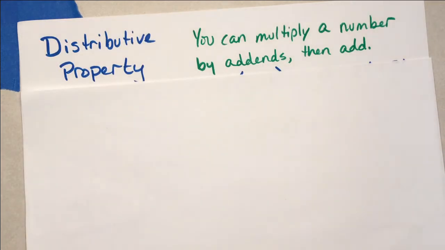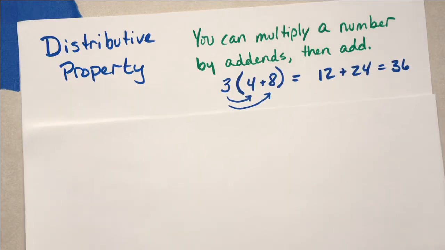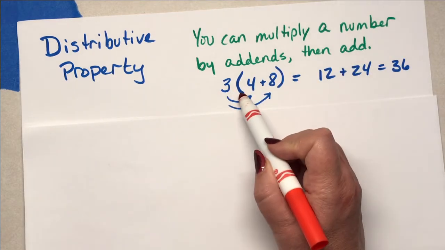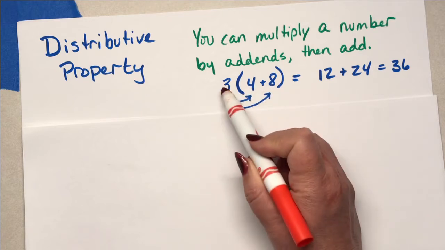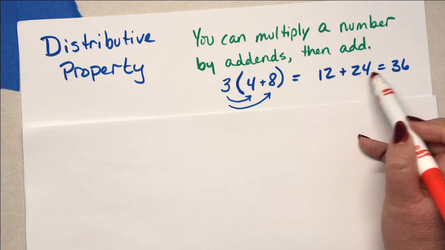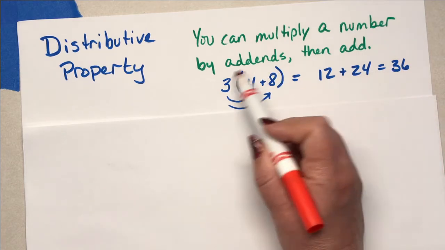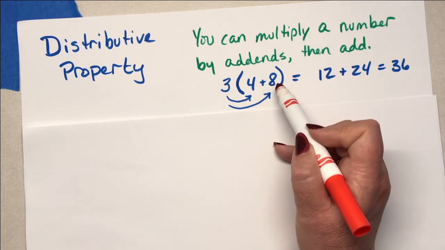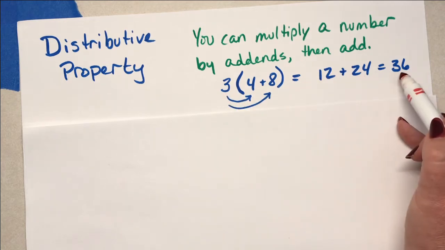Next up, we have the distributive property, and this states that you can multiply a number by addends and then add. And the sample that they give you is that when you have 3 times the quantity 4 plus 8, you can do 3 times 4 and then 3 times 8 and add. And I don't know why they introduce it like this, because this, to me, makes it more difficult.